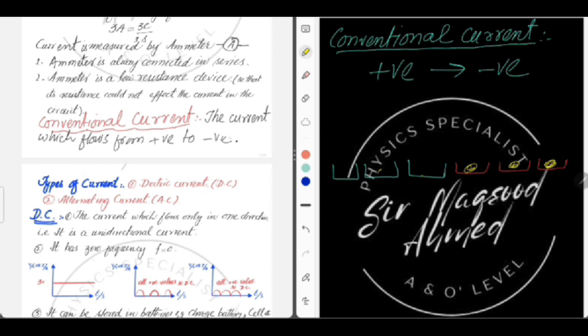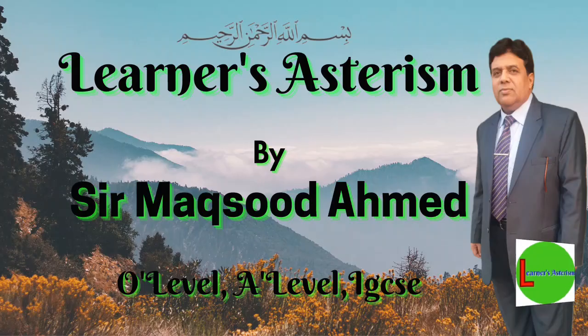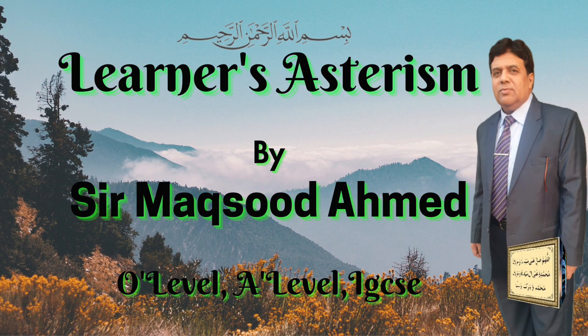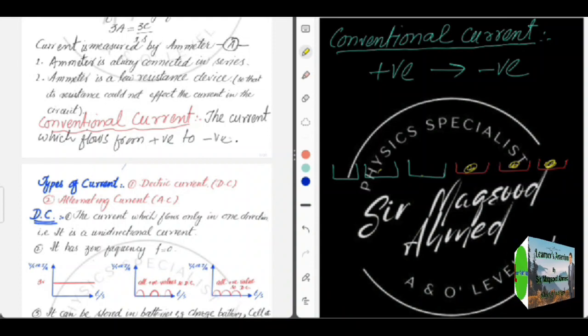In this example, we have 3 red baskets and 3 green baskets. Red basket has a ball, but the green baskets are empty. Here the ball represents the electron. To understand the concept, we suppose that the ball represents the electron and there is a deficiency of ball in the green basket.